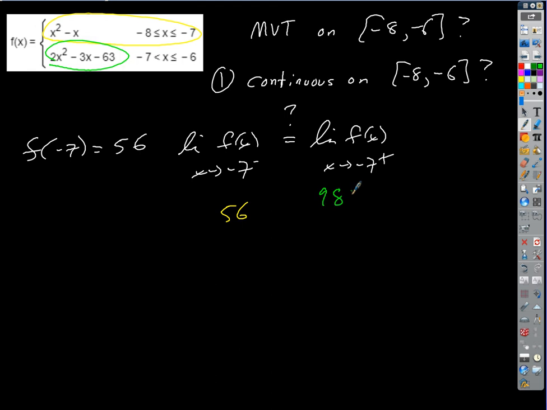Minus 3 times negative 7 is plus 21 minus 63. So that gives me 119 minus 63, which is 56, isn't it? So the limits do agree. So is it continuous? Yes, it is.